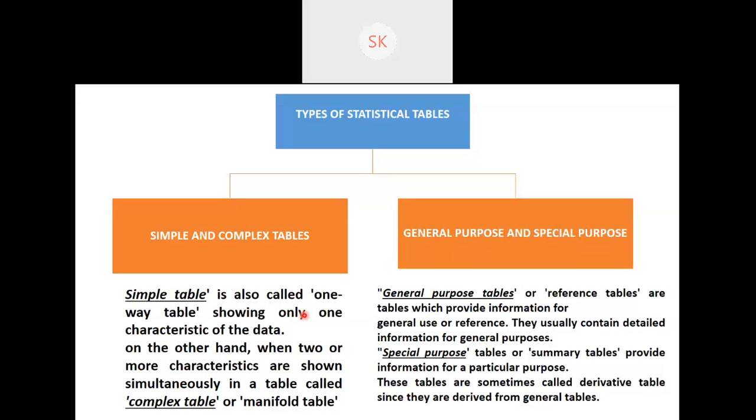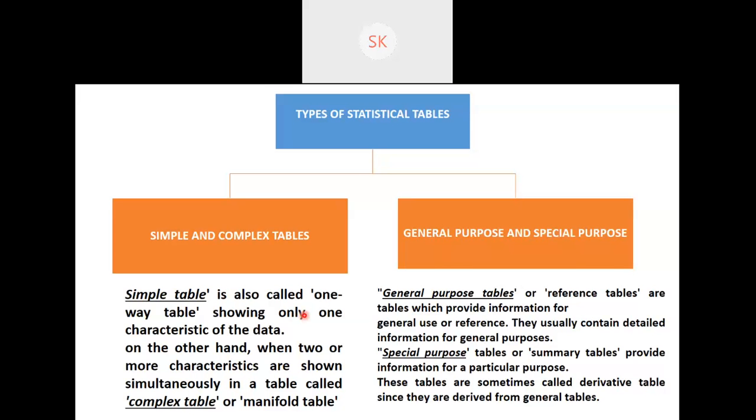Now on the other hand, when you have more characteristics, or when you consider too many things, let's say students who have scored more than 60%, more than 70%, more than 90%, I'm making a table.